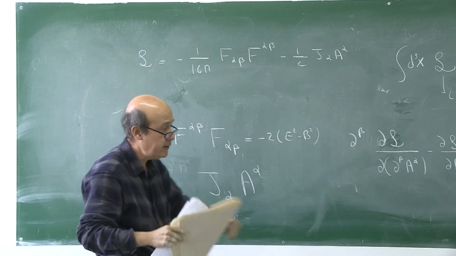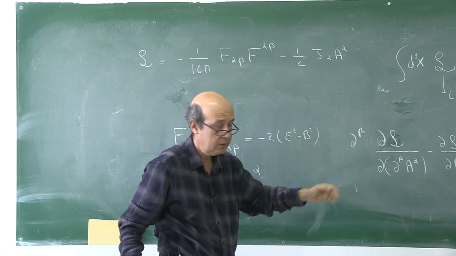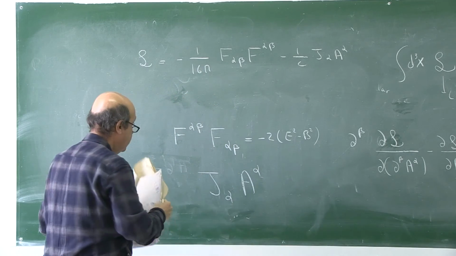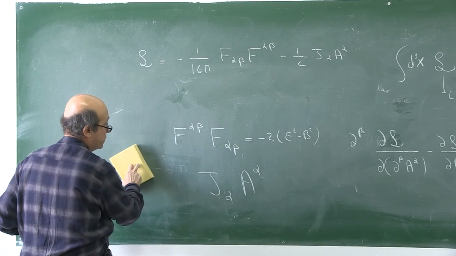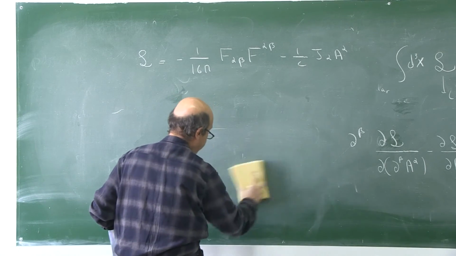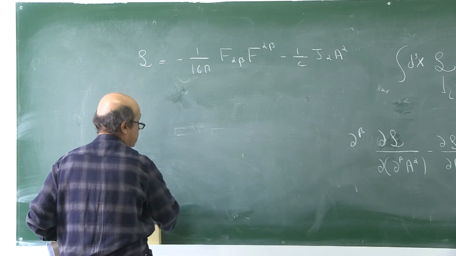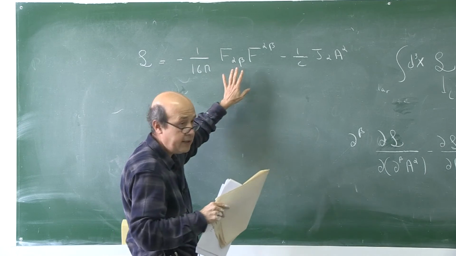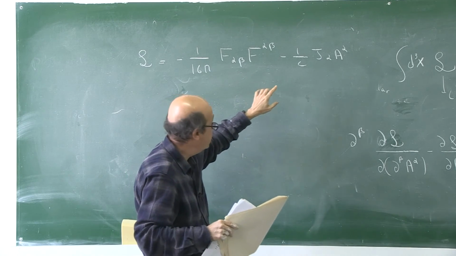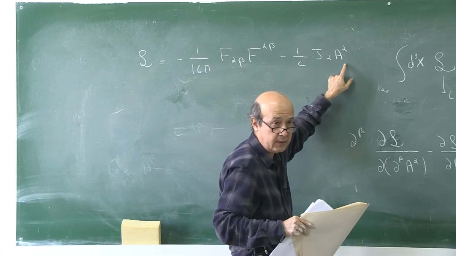Then I will try to find the equation of motion. But one thing I have to tell you: I told you that the first term is gauge invariant, but this one is not gauge invariant.